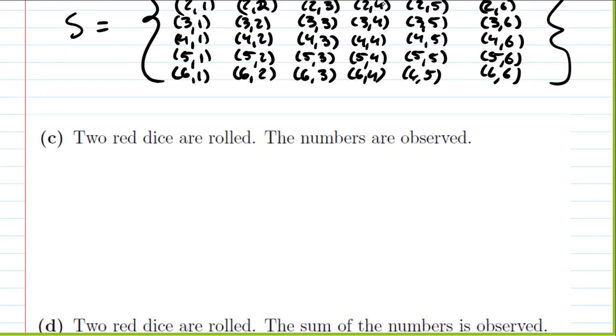So in this case, our sample space would be 1,1; 1,2; 1,3; 1,4; 1,5; 1,6. 2,1 would be indistinguishable from 1,2.